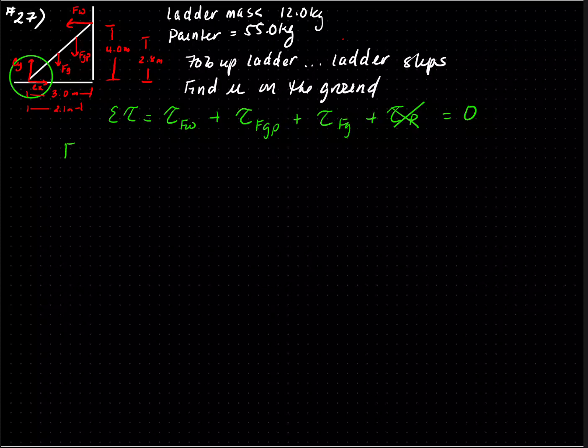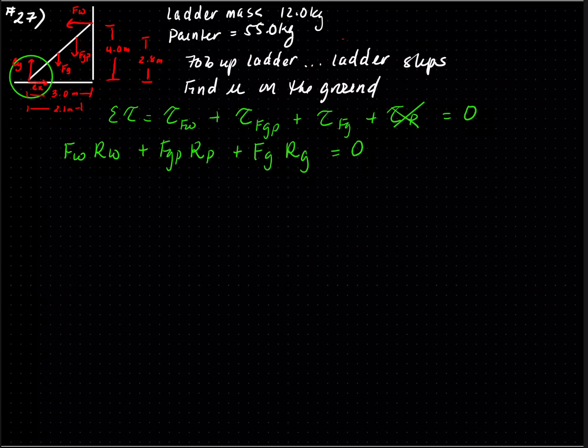Now I'm going to plug in, so it's Fw times Rw plus Fg person times R of the person or the painter, plus Fg of the ladder times R of the ladder equals 0.